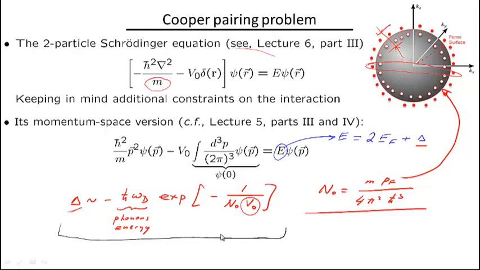And the last thing I'm going to mention is that if we did not have this exponential, if we were to imagine that this delta was of the order of this phonon energy, this would have implied that we can get superconductivity at very high temperatures, up to room temperature. This would have been great. We would have the ability to transport electricity with no losses.